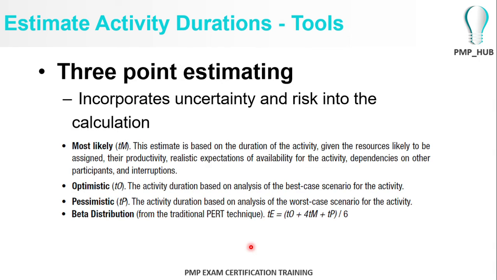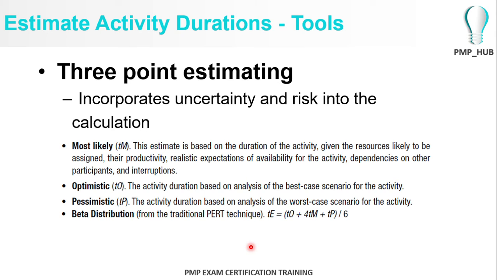Also, there's a technique called the 3-point estimating technique. This is also known sometimes as the PERT technique. This is where you are unable to understand as a project manager the exact activity duration, the time that is required to finish the activity, and there is an uncertainty and a risk involved.